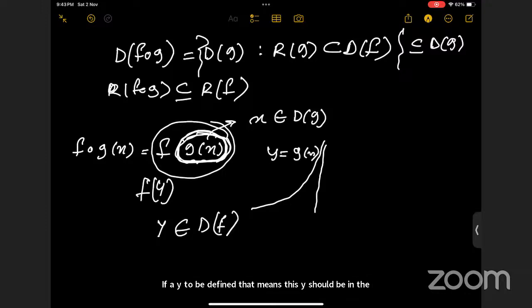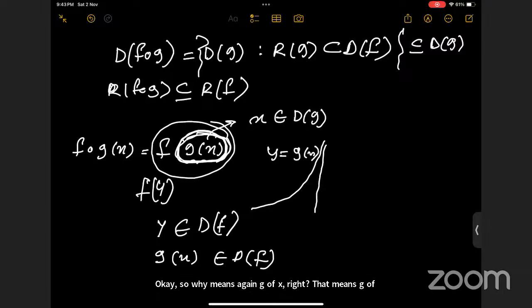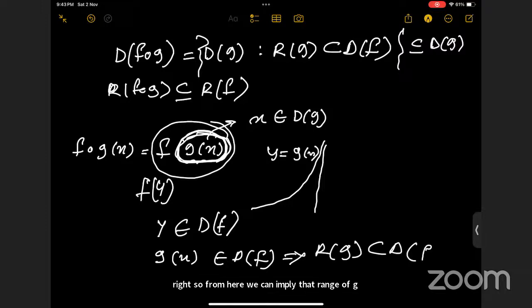Otherwise, it will not be defined. So y means g of x, which means g of x should be in the domain of f. So from here we can imply that the range of g will be a subset of the domain of f.